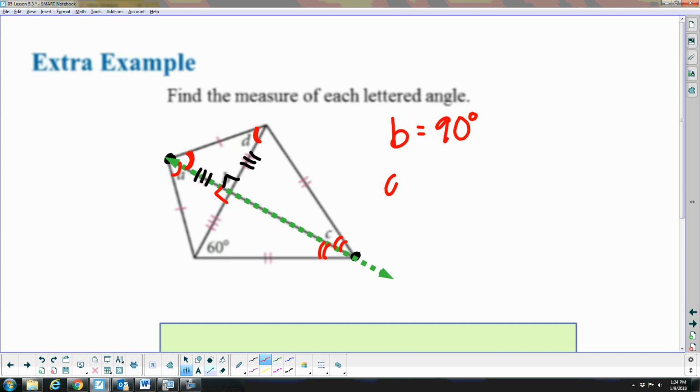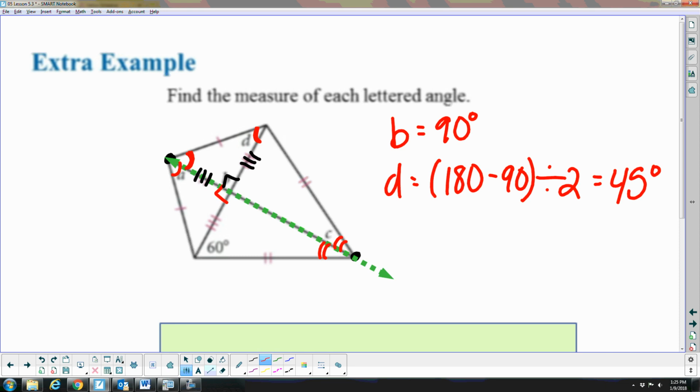So angle D: 180 degrees in a triangle, minus the 90 degree angle that I already have, divided by 2 because it's an isosceles triangle. That gives me 45 degrees.